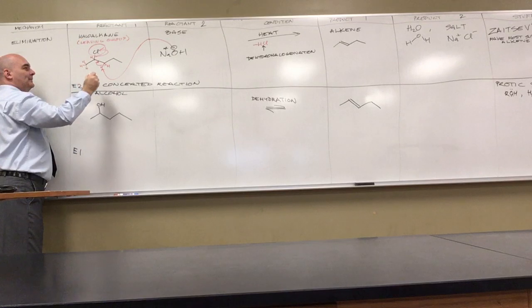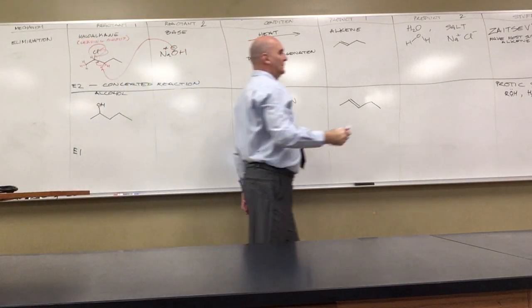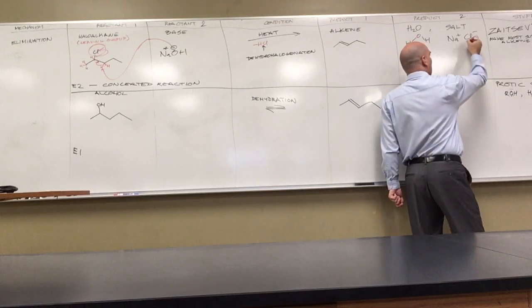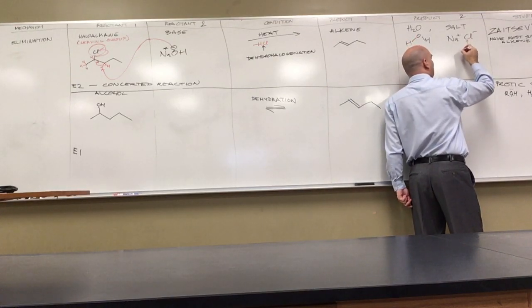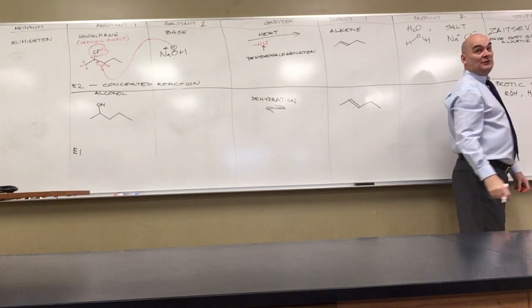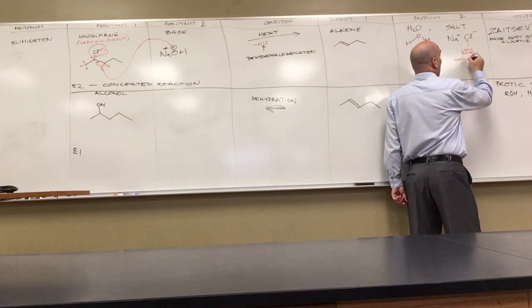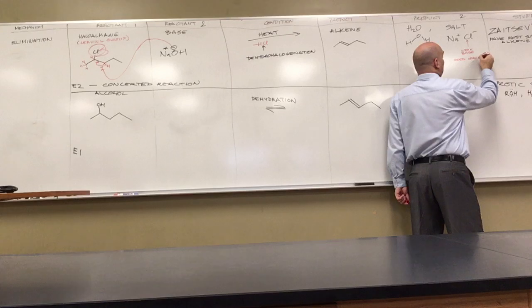See that leaving group? That leaving group left and became chloride. Chloride is a weak base. And weak bases are good leaving groups.